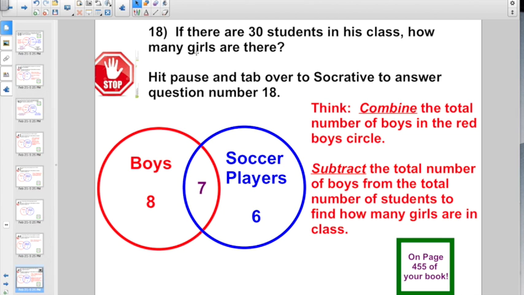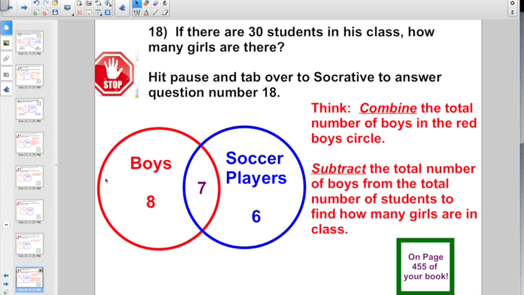Question number 18. If there are 30 students in his class, how many girls are there? So you want to think. Combine the total number of boys in the red boys circle and subtract the total number of boys from the total number of students to find out how many girls there are, right?